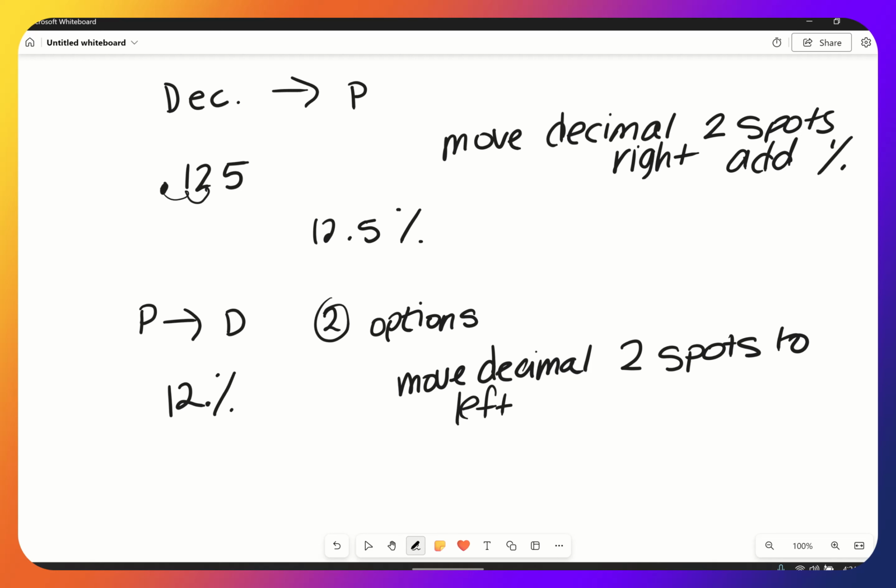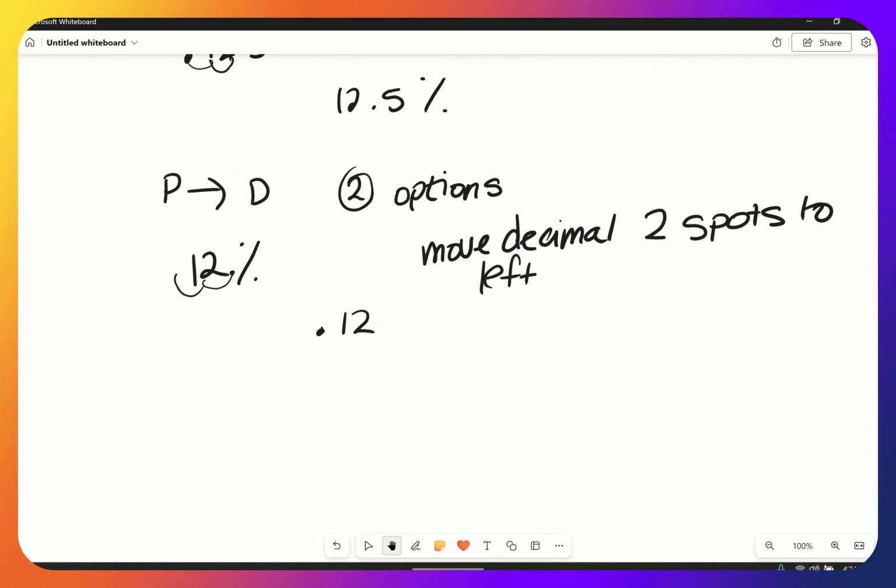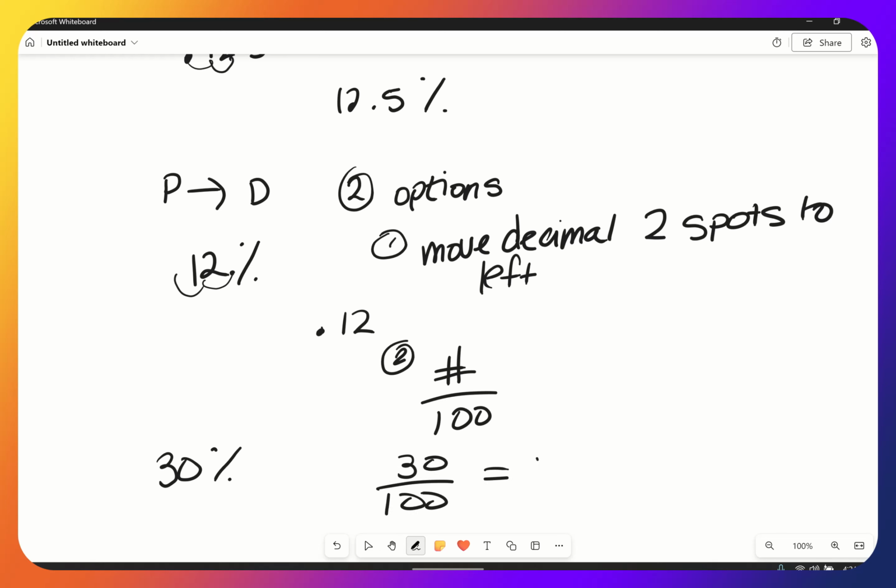If there isn't one, you put one at the end. 1, 2, and this becomes 0.12. Or, here's option 2: put the number over 100 every time. Put the percent over 100. So let's say 30%. This will be 30 over 100, which is 3/10. Then divide it out, 0.3.